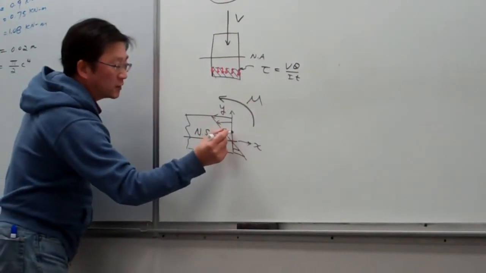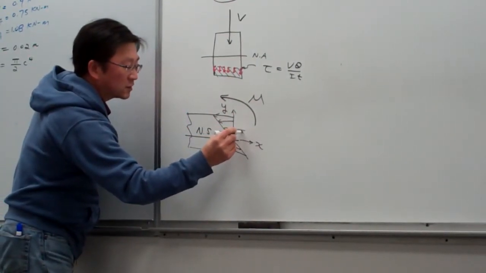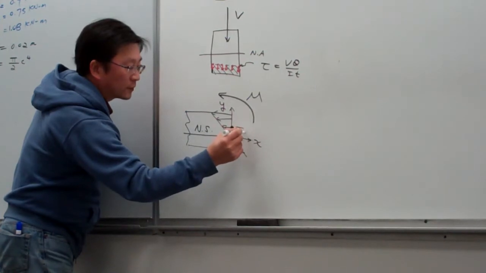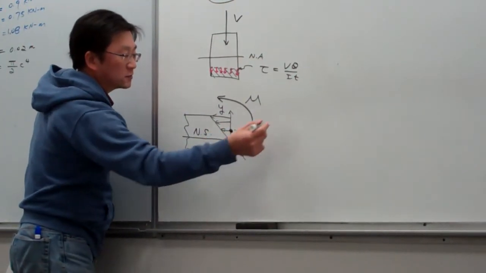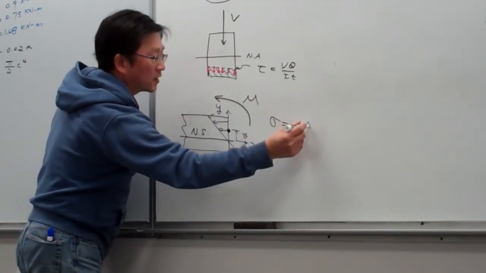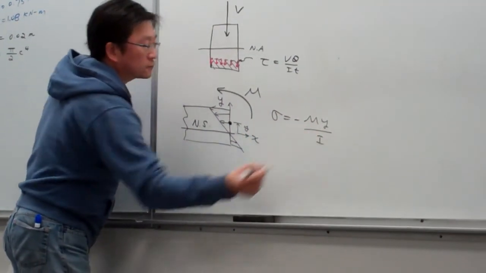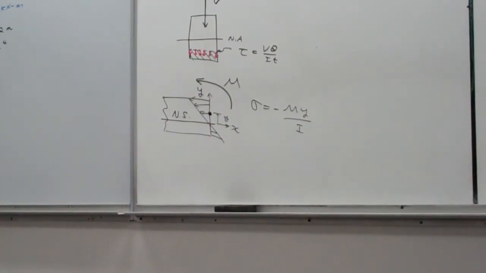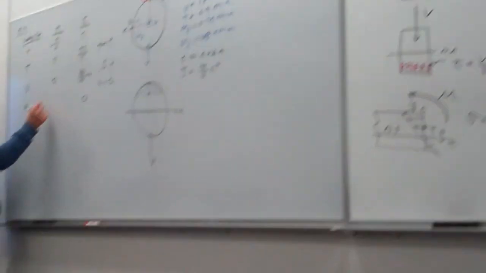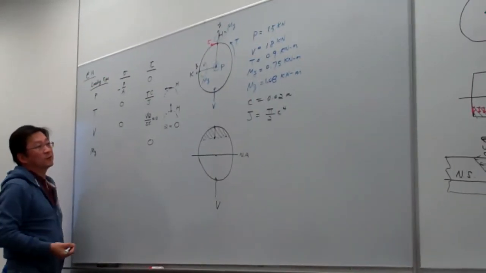At any point, if this point has a distance y from the coordinate origin, then basically sigma equals minus My over I. Using that equation, for the bending, we have no shear stress. So here we take this formula.